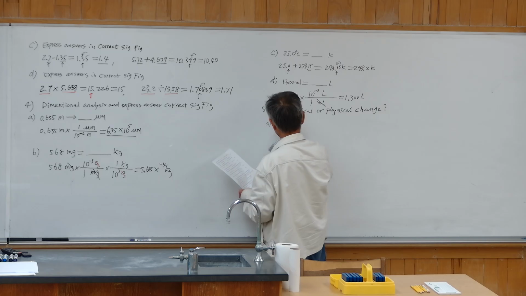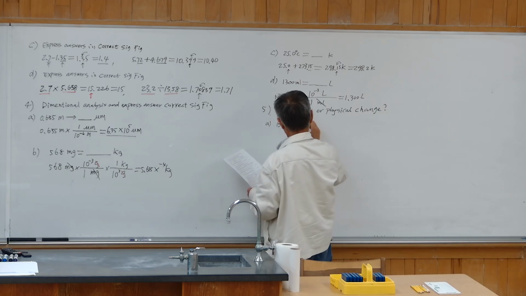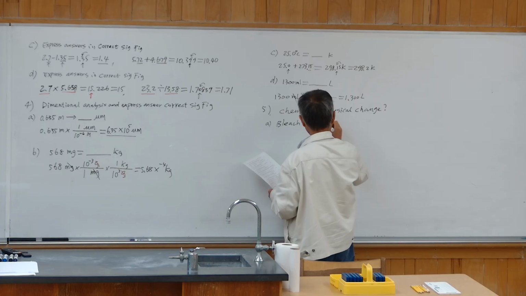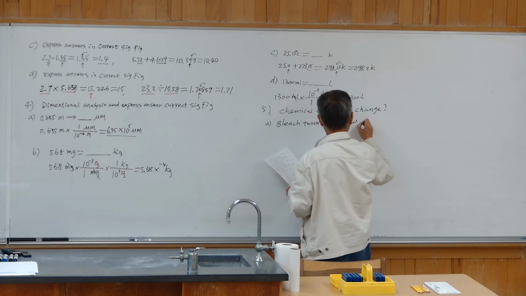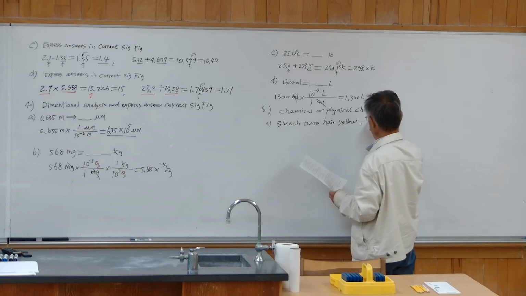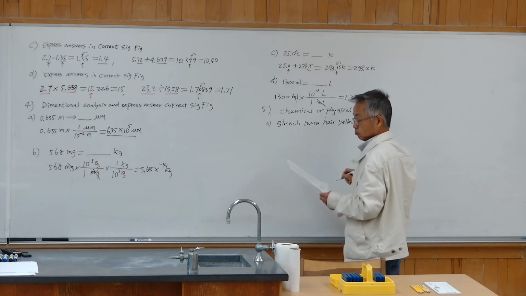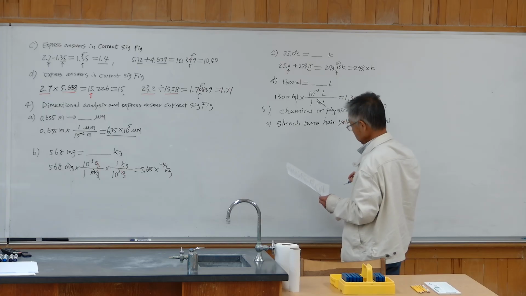A. Bleach turns hair yellow. Clearly this is a chemical change. Bleach reacts with your hair and turns the color to yellow.